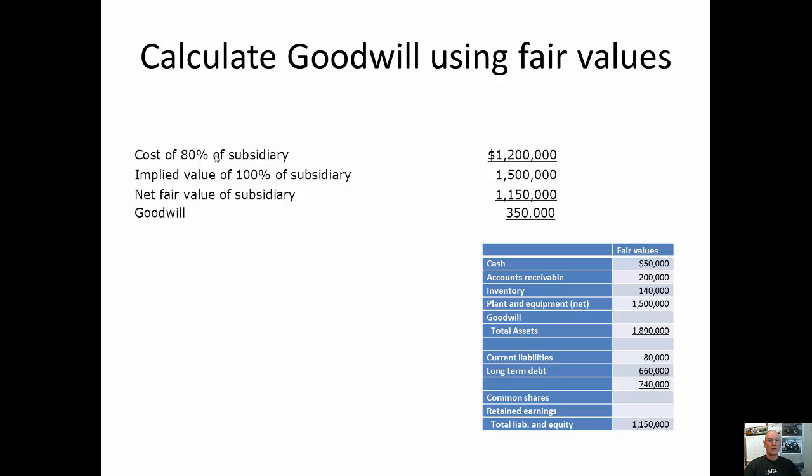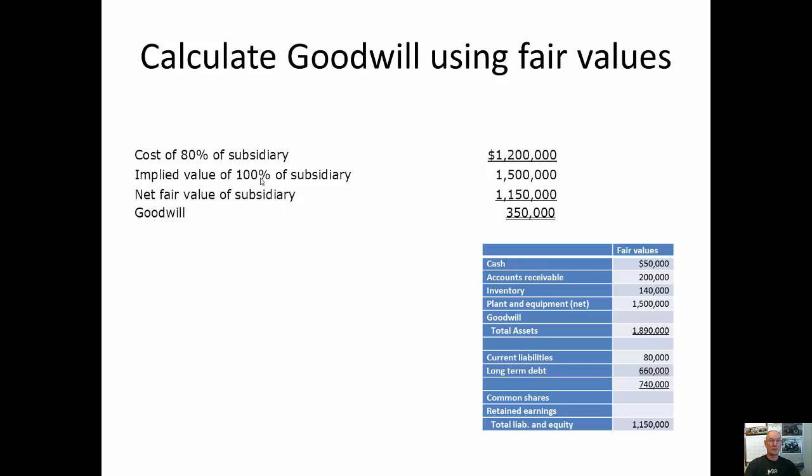So the first calculation you need to do here is to imply the full value of the subsidiary. So you purchased 80% of this subsidiary for $1.2 million, and if you divide, you'll take your 1.2 million divided by 0.8, and that gives you a proportionate number for 100% of the subsidiary.